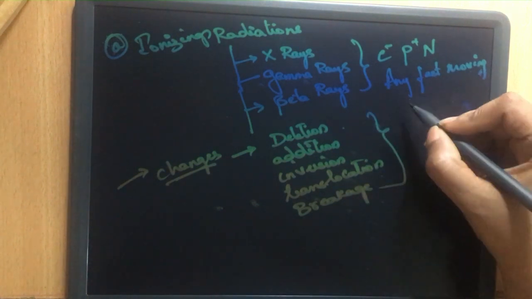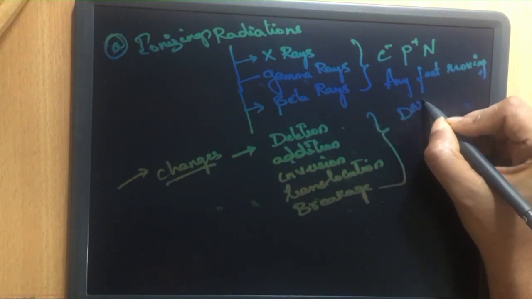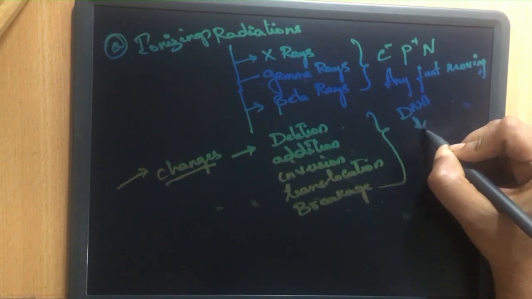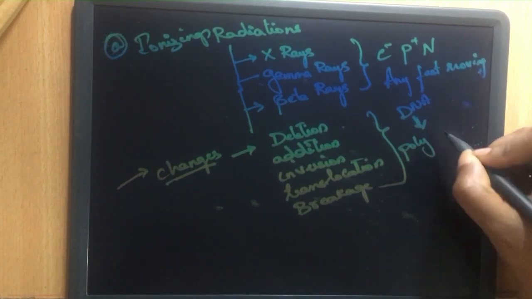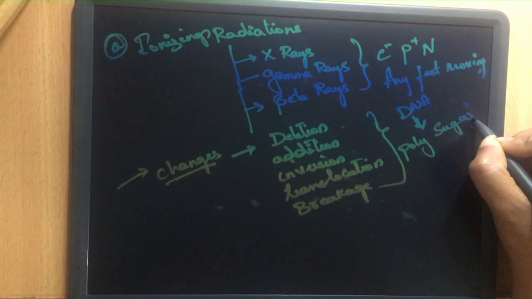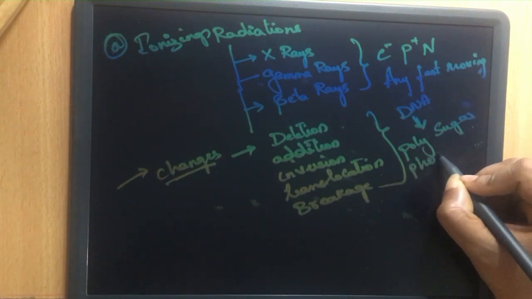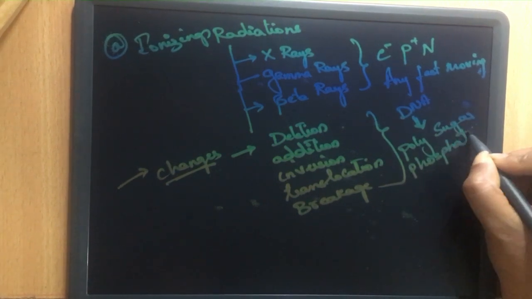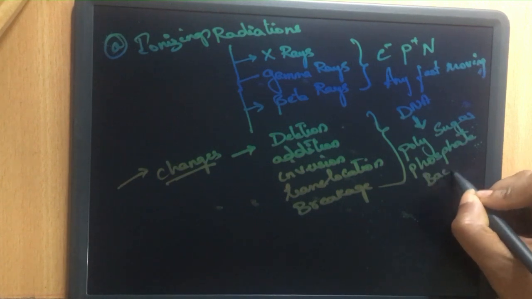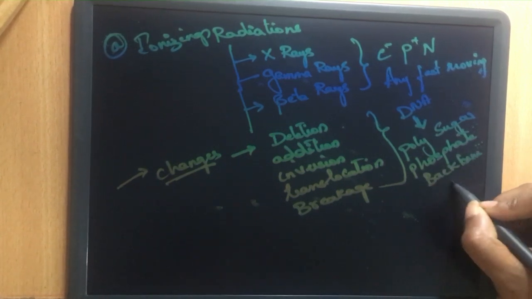All these changes can occur in the DNA at the poly sugar phosphate backbone of the DNA.